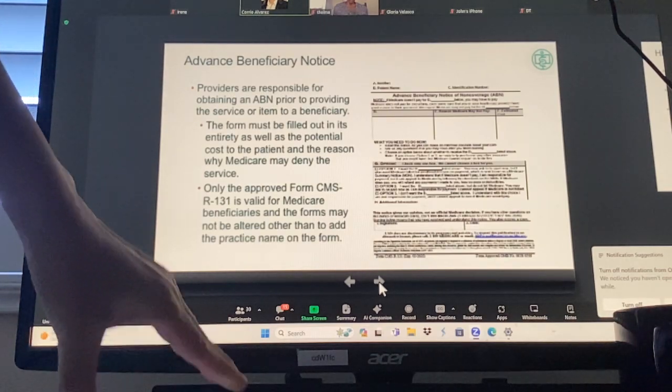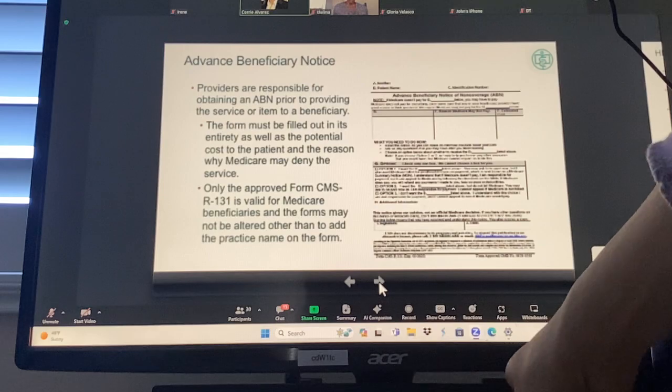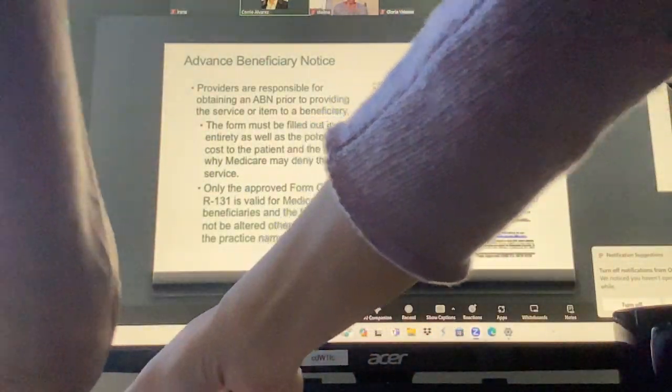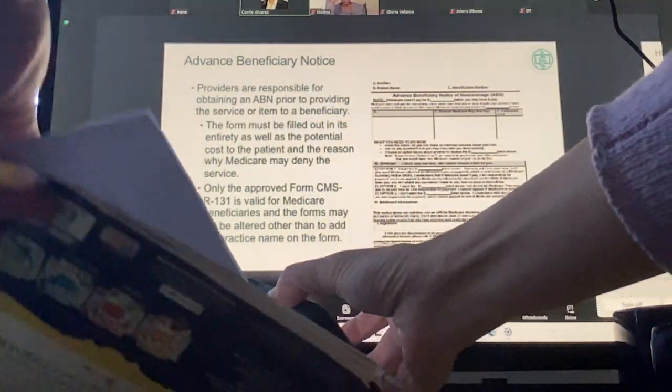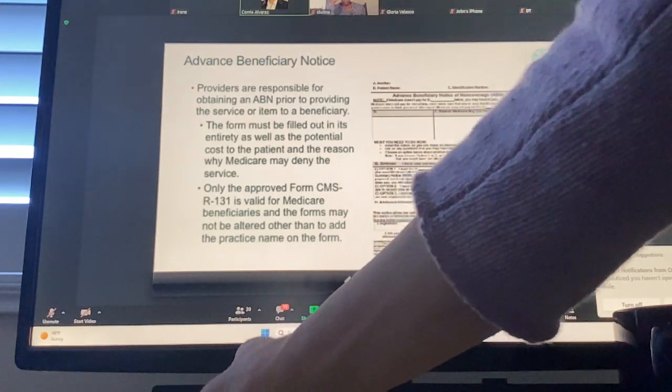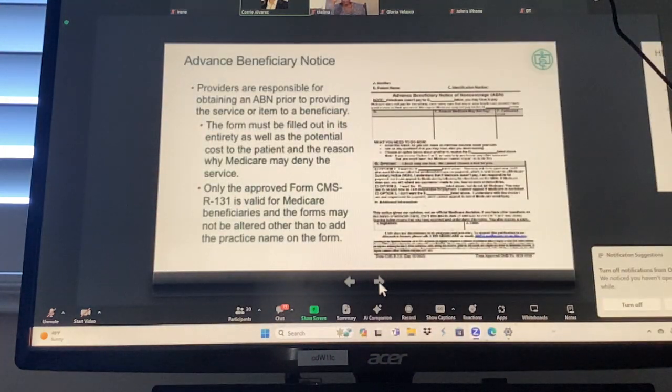And how do you know that? Because you look at the CPT codes that you're going to be billing or coding, and you look at the ICD-10 codes for that, and there's a list. And if it's not on the list, it's not covered. And you have to let the patient know. And if they still want the test, they can refuse it. They have to sign the ABN.